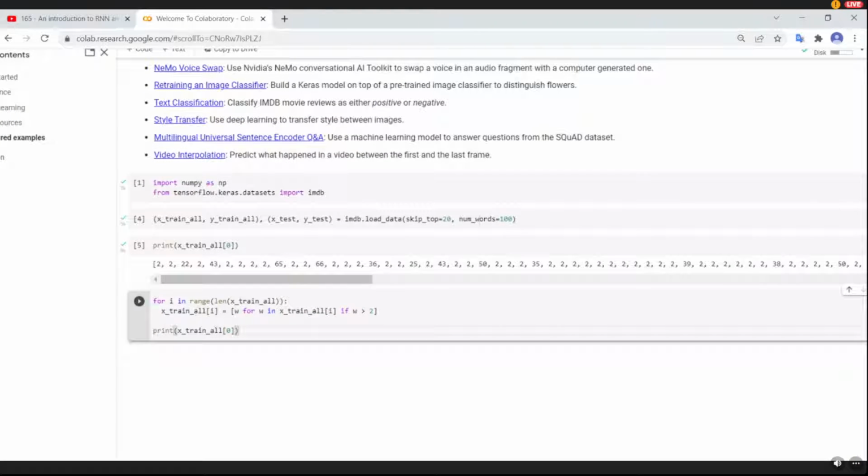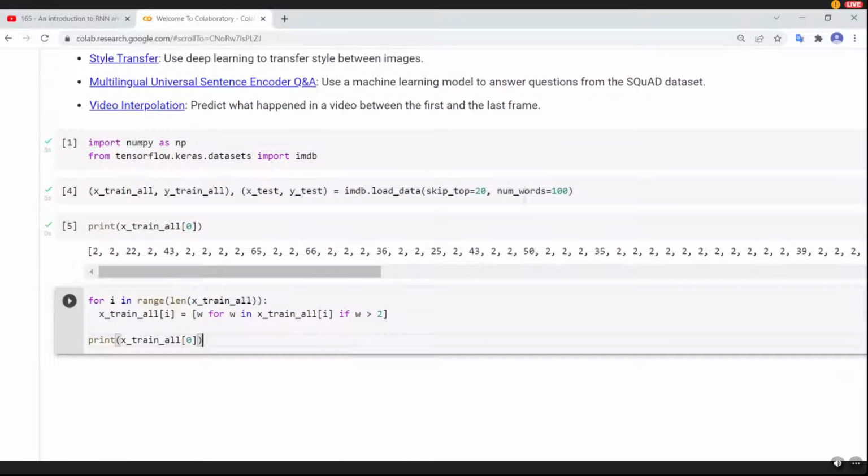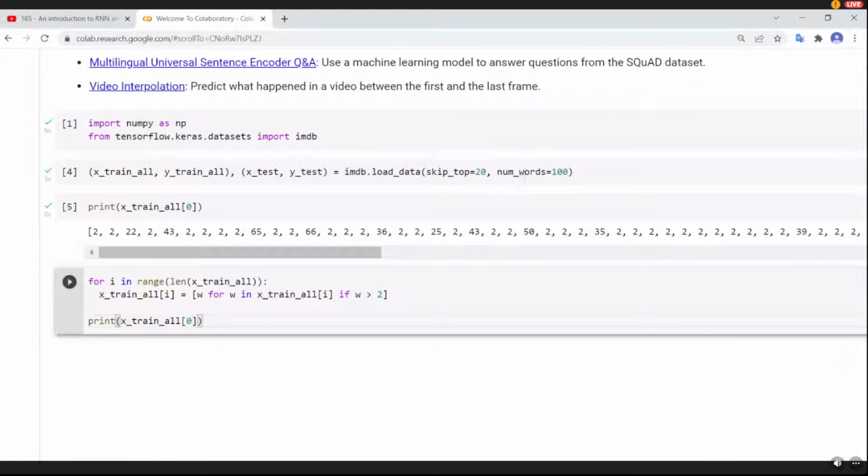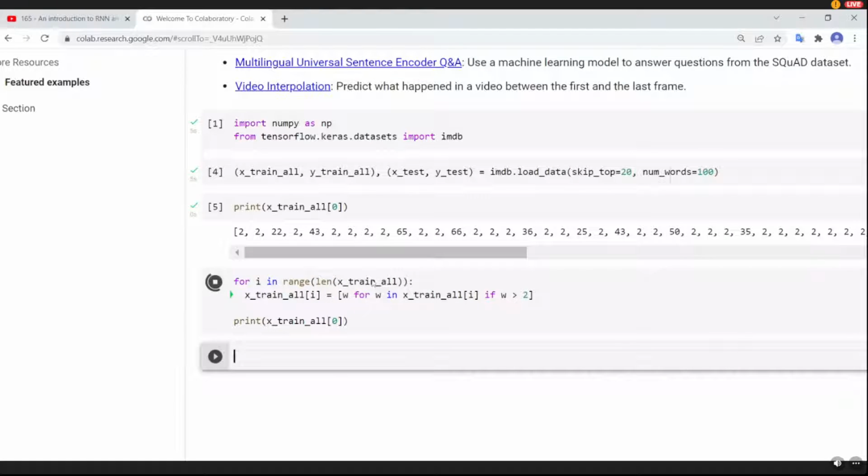So what we're gonna do is skip the first two words, which are not actually words. That's why we have to skip. So this is a for loop in order to skip the two unused words.